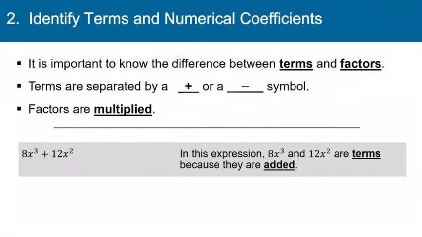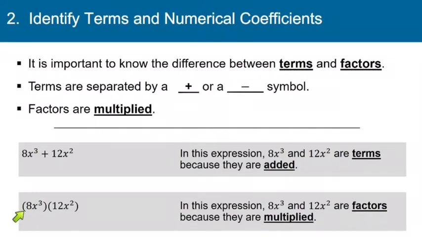So always remember that terms are separated by plus signs. However, in the case of 8x to the third times 12x squared, these are not terms anymore because they are not added together. These are now factors. Remember, the parts of a multiplication problem are called factors. So in this expression, 8x to the third and 12x squared are factors because they are being multiplied together. So if two things are being added together, they are terms. If two things are being multiplied together, they are factors.